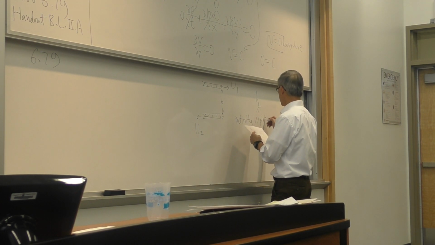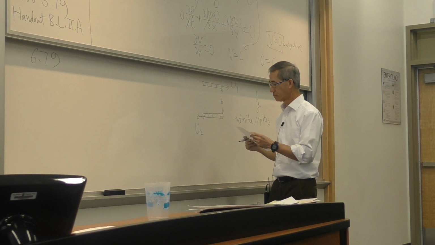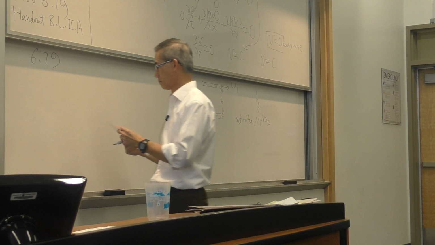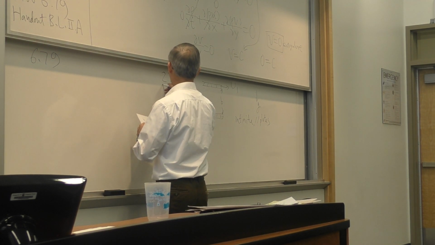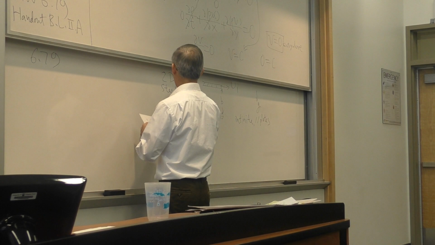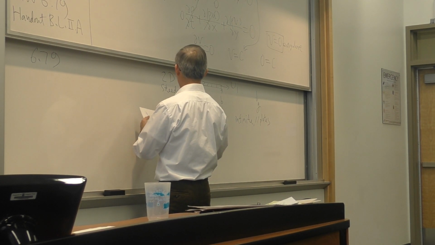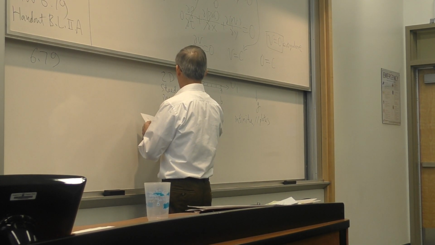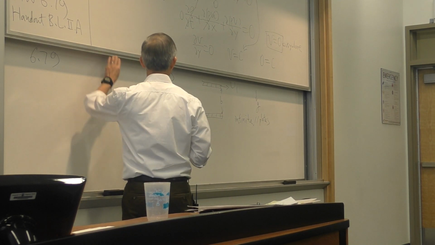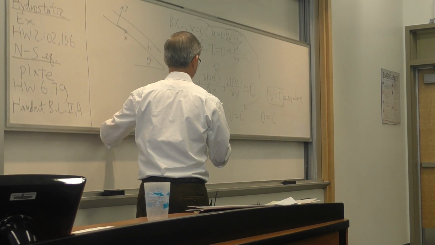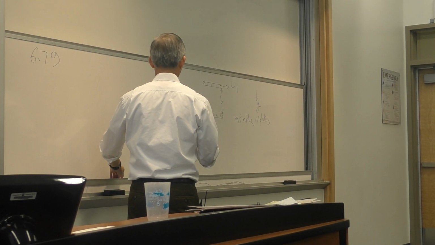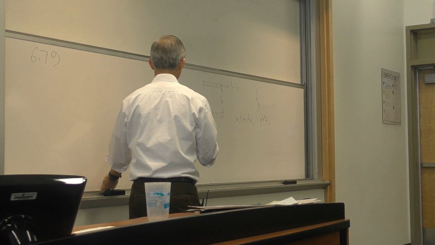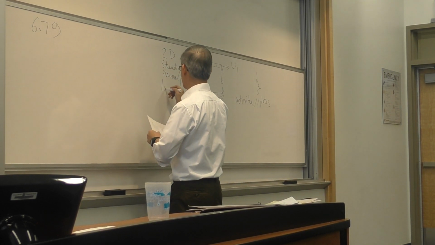Parallel plate. And it's two-dimensional. Every cut in the board and out of the board is the same, and it's steady, and it's incompressible. And it's laminar. Always, everything we do is laminar.